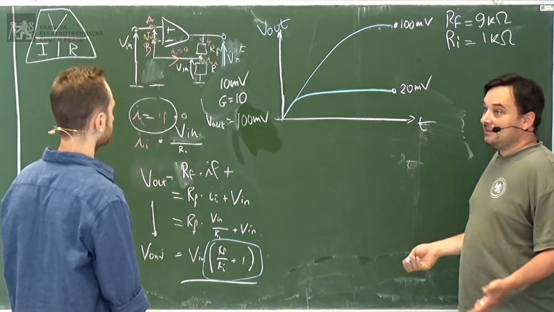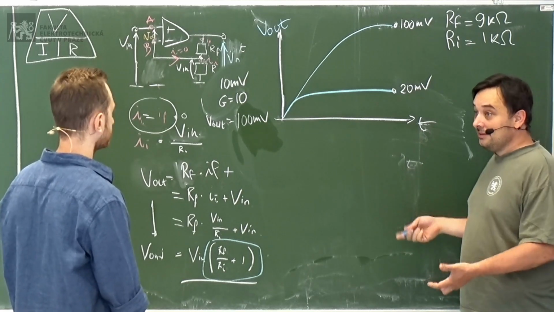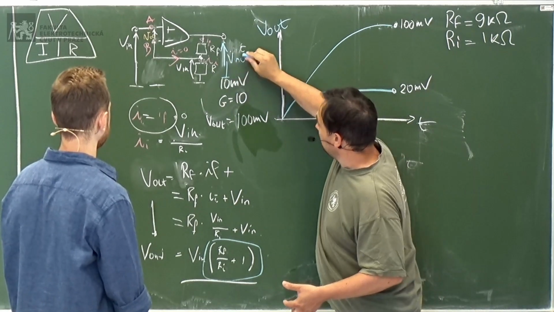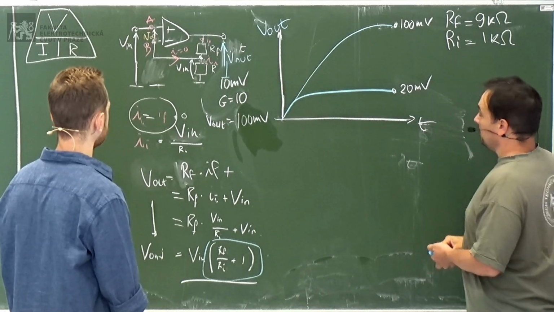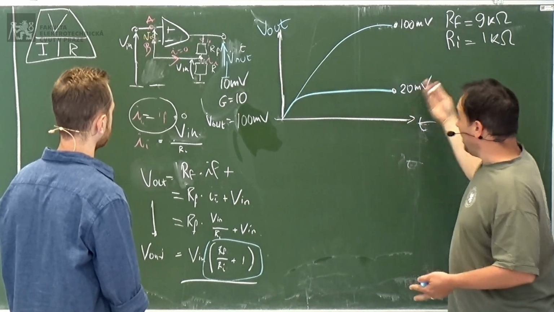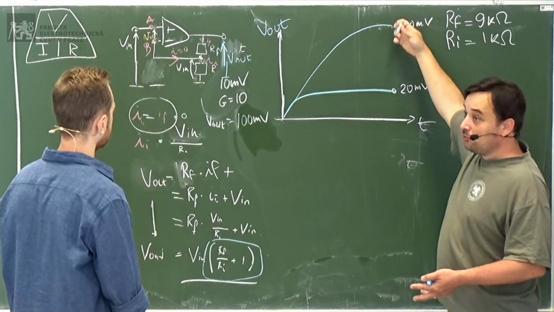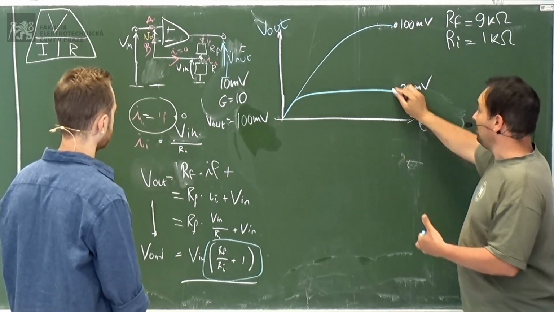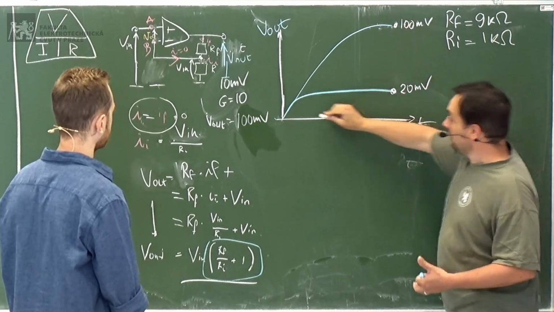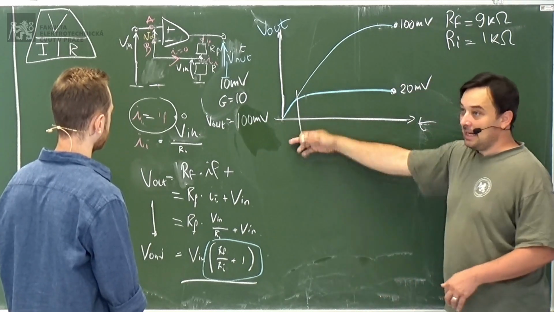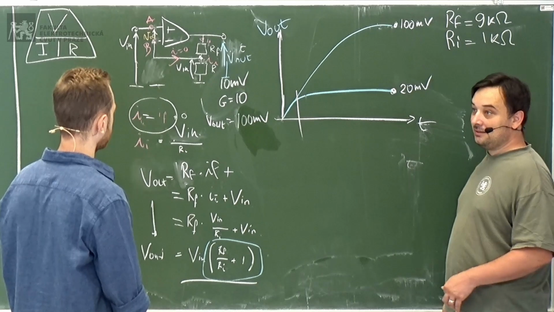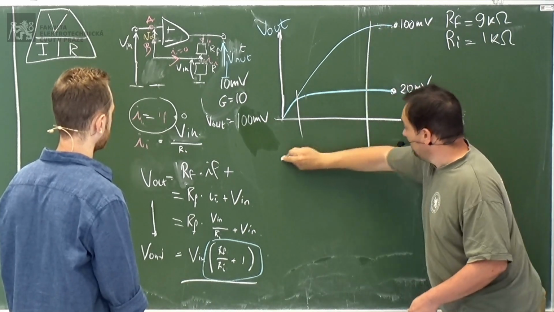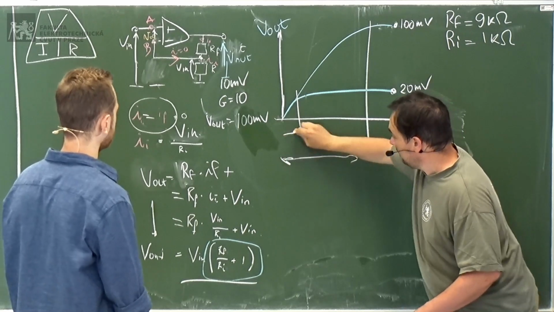You cannot do anything else. That's the limit of how fast the output voltage can change. So the slope is the same, but you have to climb up to 100 millivolts, so it takes longer. Here, after some time, I'm already at my goal. Here, in order to arrive at 100, I take longer.